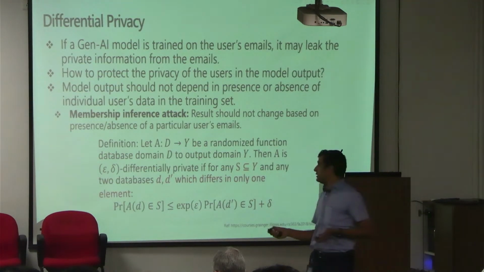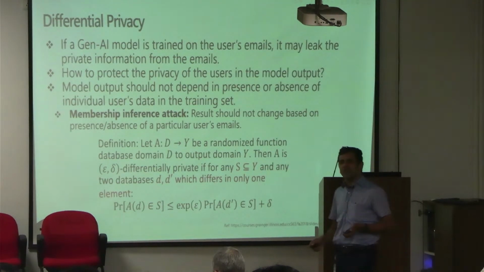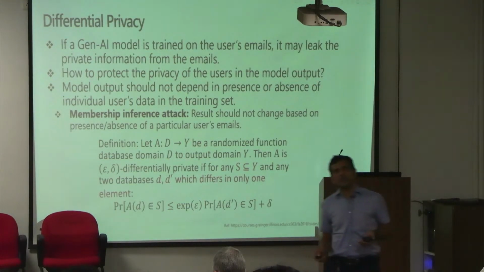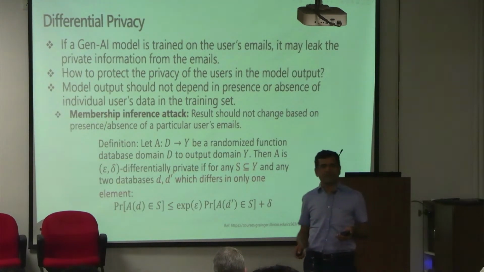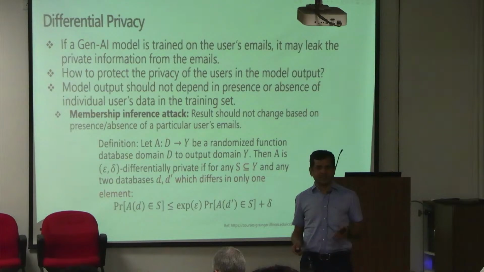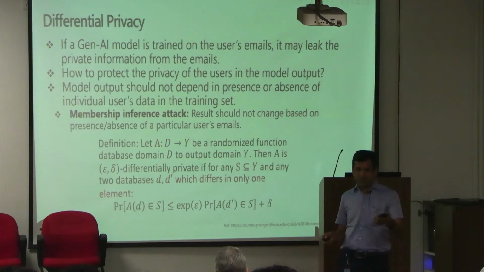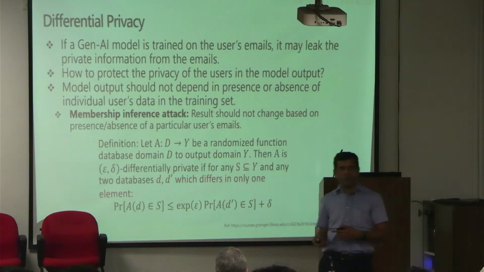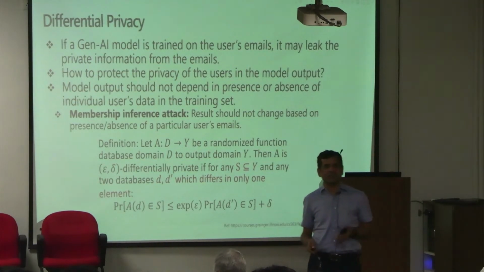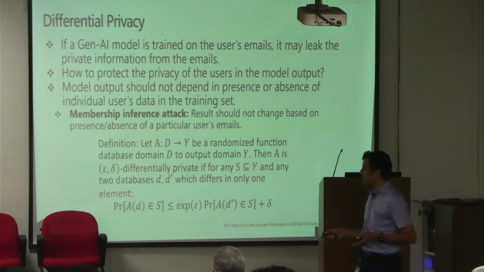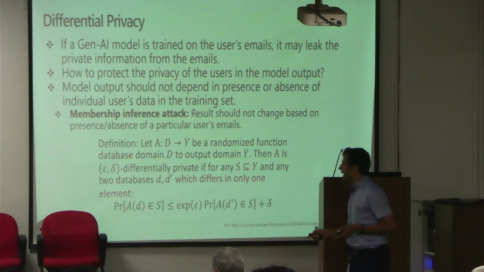Using differential privacy. By looking at the response at inference time, when you give some input and see the output, you won't be able to tell which data was used to train this model. That's the crux of differential privacy.